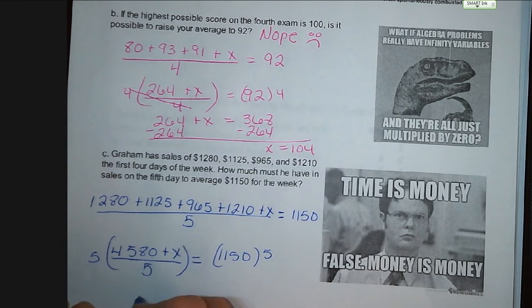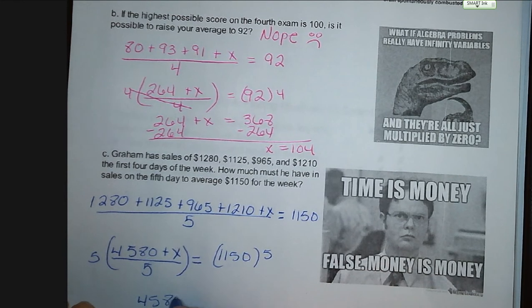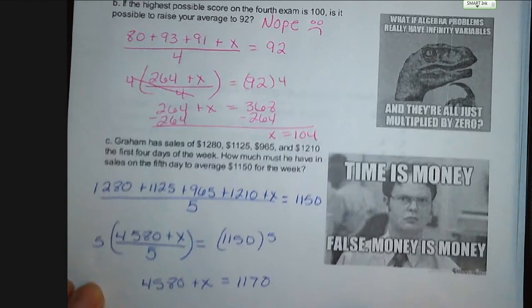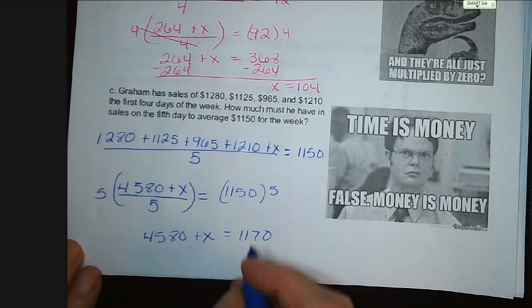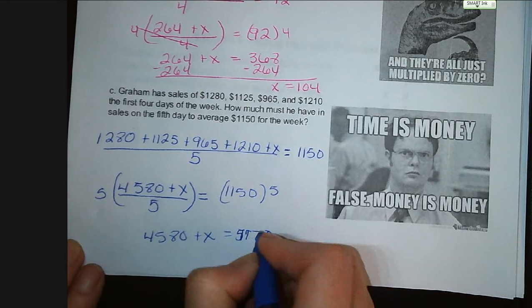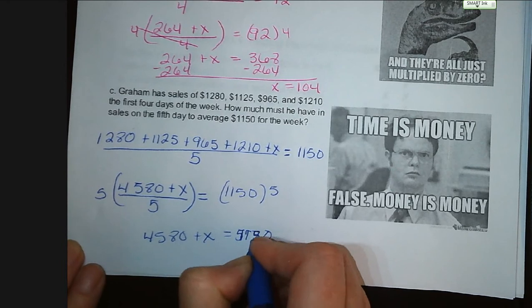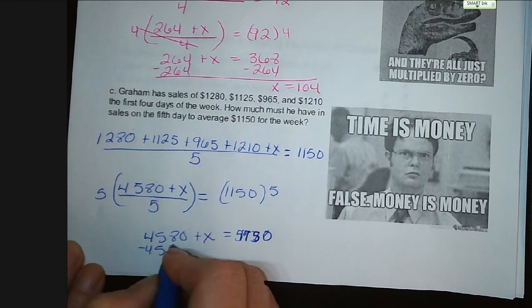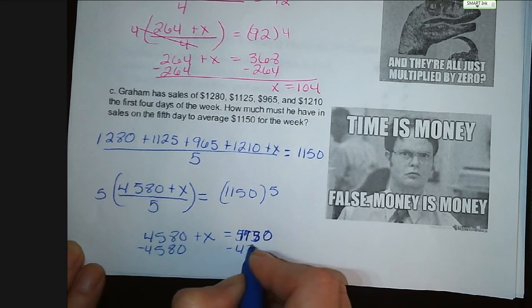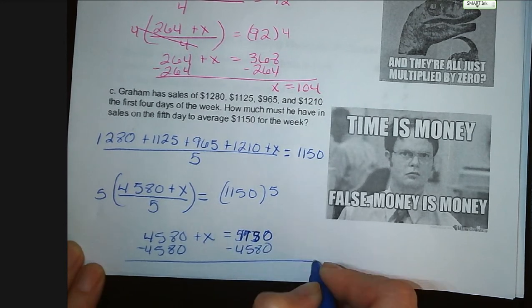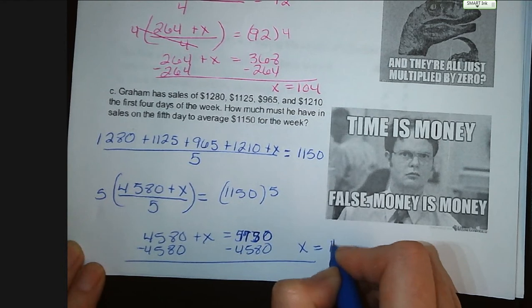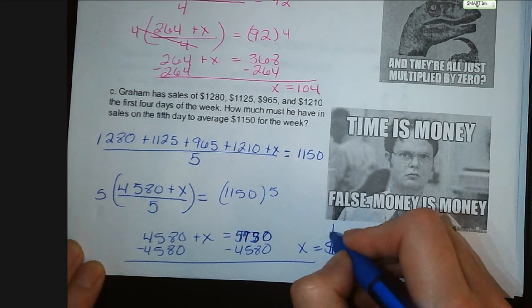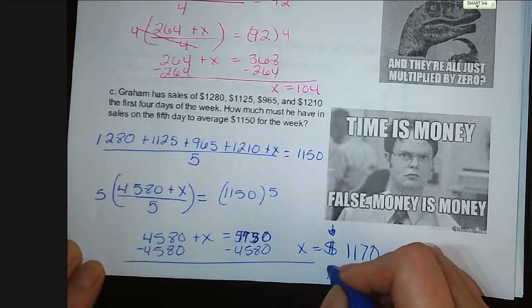You get 4580 plus x equals 5750. Subtract 4580 from both sides. And x is equal to $1,170. Make sure you include that unit.